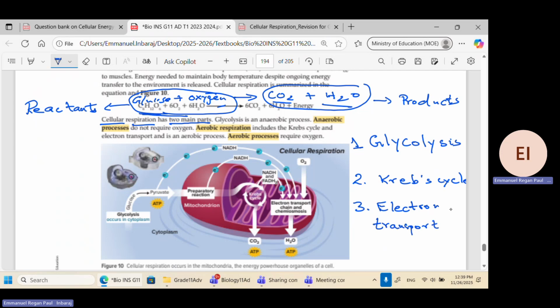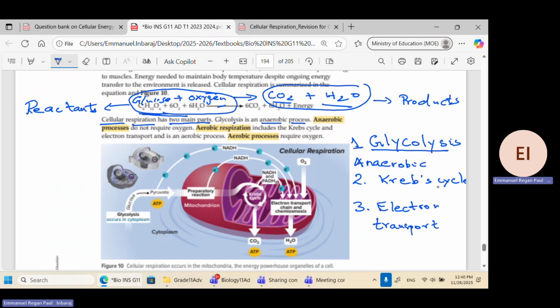Now look at it. Glycolysis, very important, is given here. Glycolysis is an anaerobic process. What is the meaning of anaerobic? They do not require oxygen. Oxygen is not required.